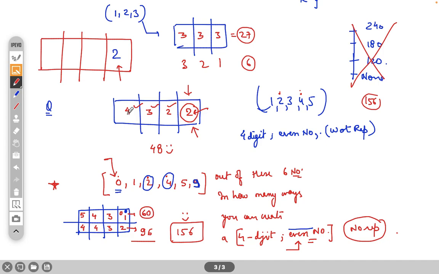But these 5 options include 0, and 0 can't be filled here, because if you fill 0 here, it will not become a 4-digit number, rather a 3-digit number. So this can only be filled in 4 ways. Out of 6, 2 numbers are used, 4 remaining, 3. Clear? Understood.